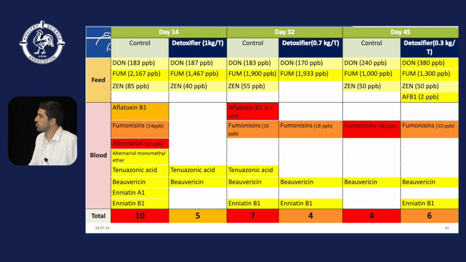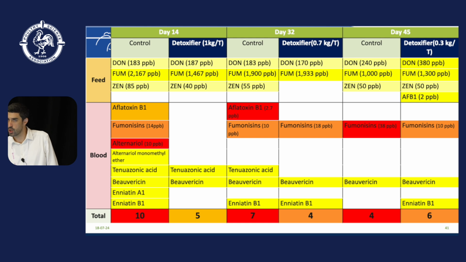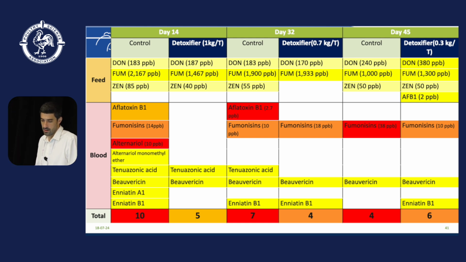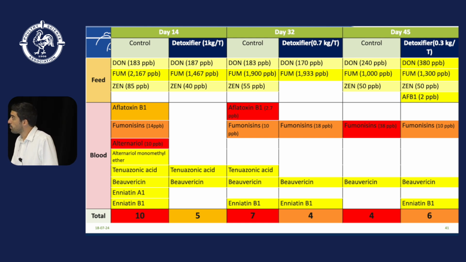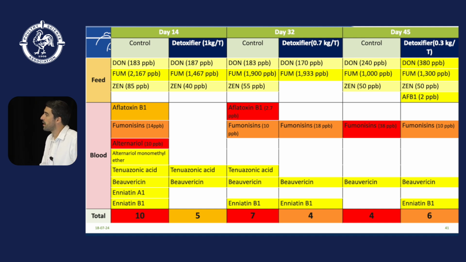But in the group consuming the detoxifier, only 2 mycotoxins, confirming that with the detoxifier, we are reducing the exposure to mycotoxins. We are protecting the animals. At 0.7, still fewer mycotoxins. At 0.3, there were no fewer mycotoxins in the blood, confirming probably that 0.5 is a very good minimum dosage.